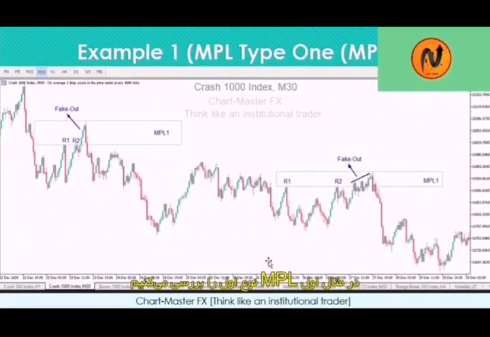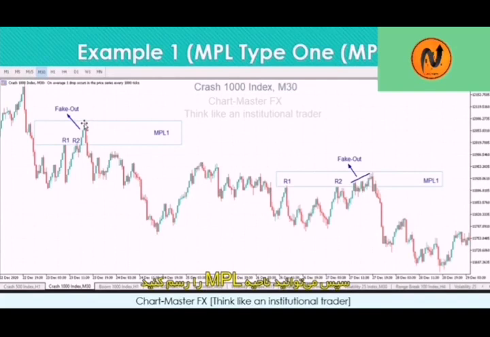For our first example, we are going to look at MPL type 1. As you can see, guys, here we are on Crash 1000 Index on M30. To the left, you can see we have a resistance of 2 touches and there was a fake out.